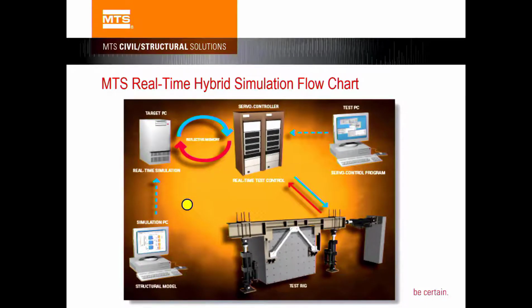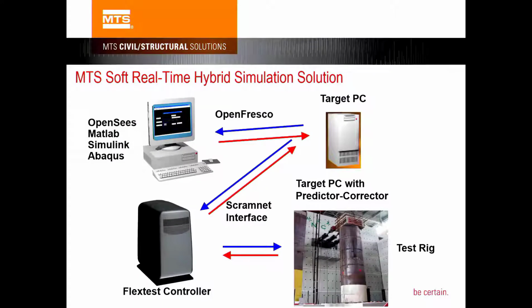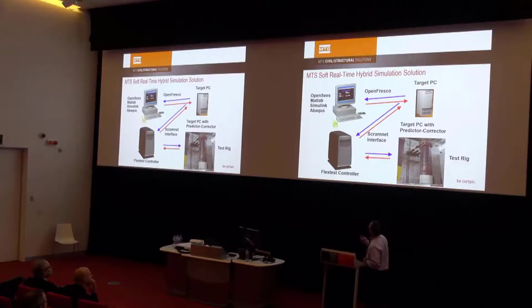For that reason, we also provide another solution called soft real-time hybrid simulation. Soft real-time is just like real-time, except the analysis software is not limited to Simulink. You can use OpenSees, or others.